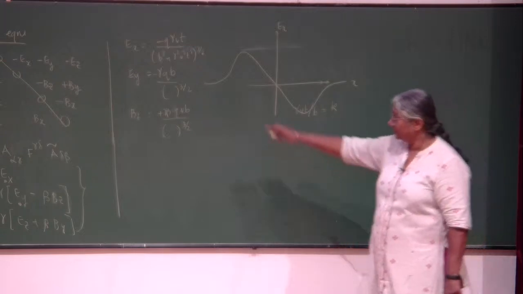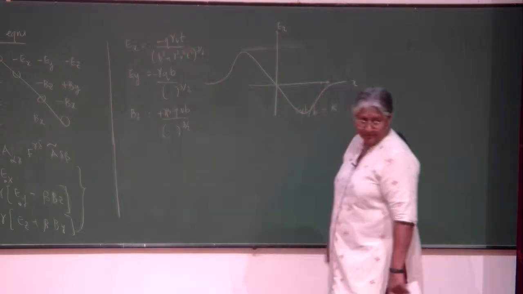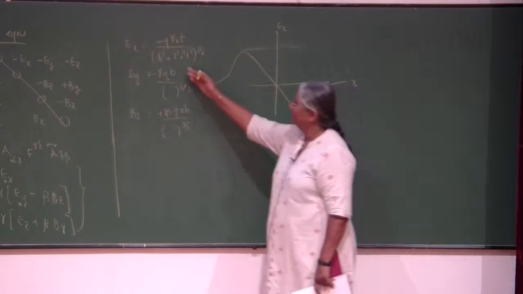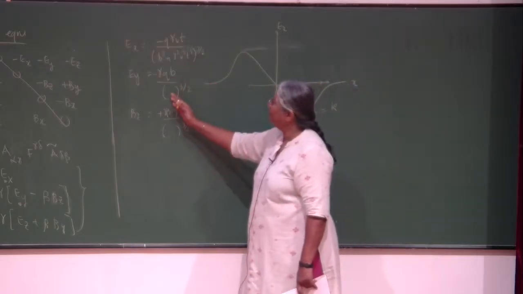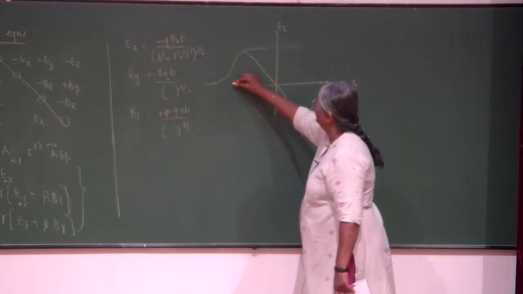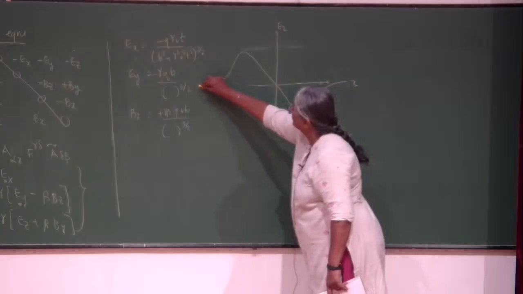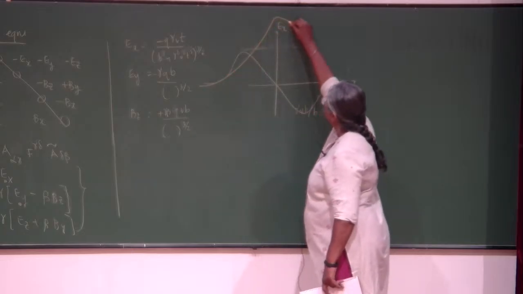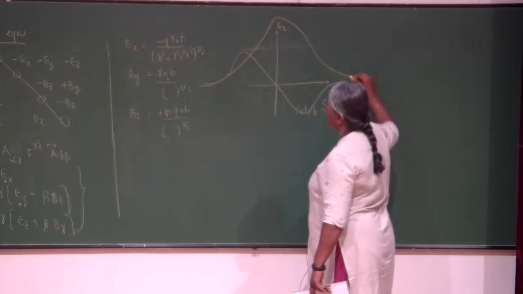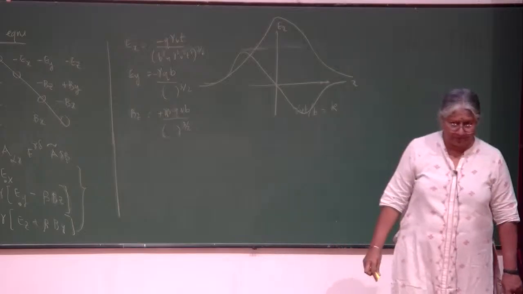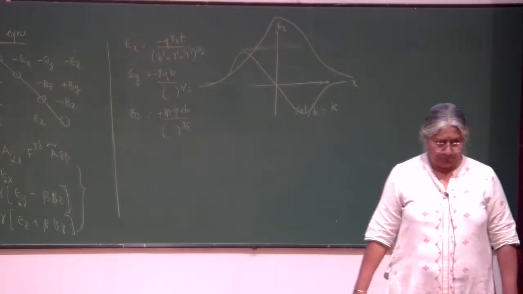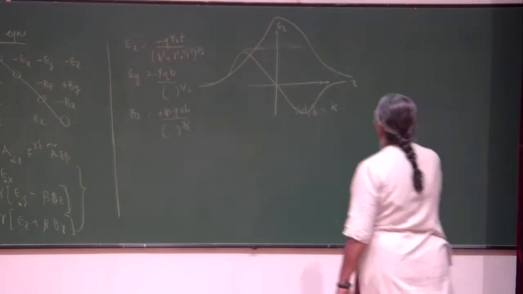You can see that because of this t, the sign changes. However, Ey and Ez, as you move away from t equal to 0, it will simply be a positive guy. And of course, all of them will die away as you go to plus minus infinity, right?